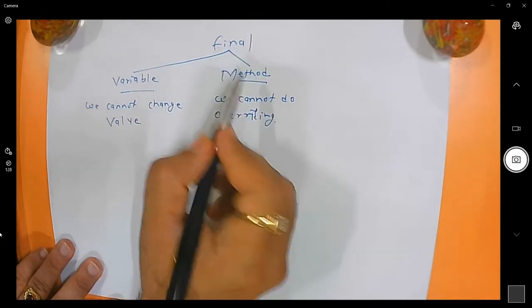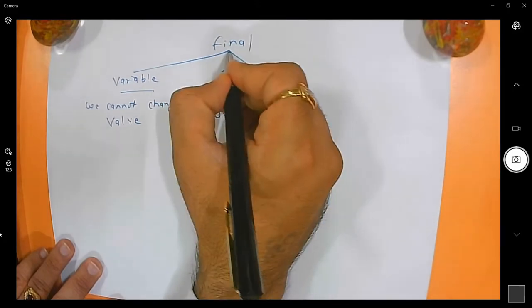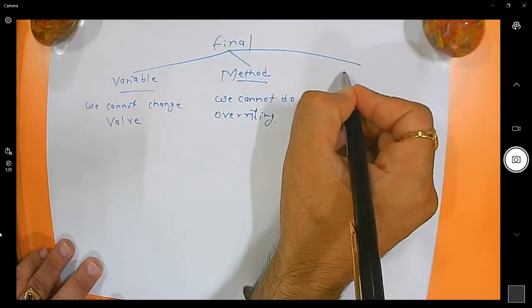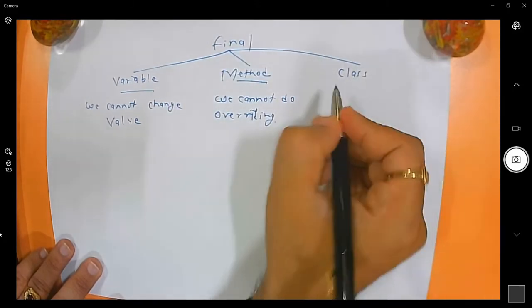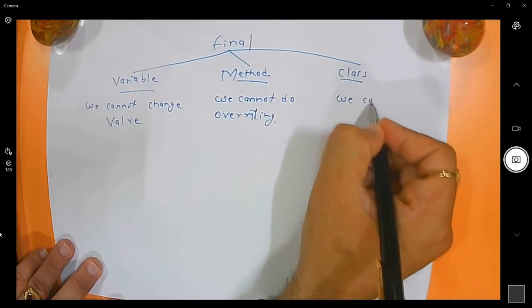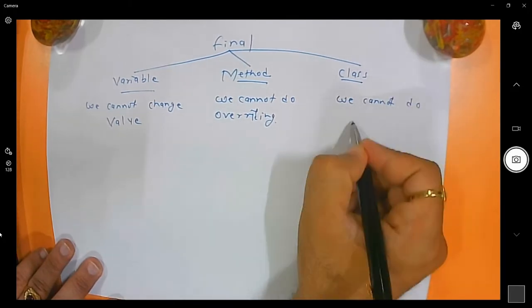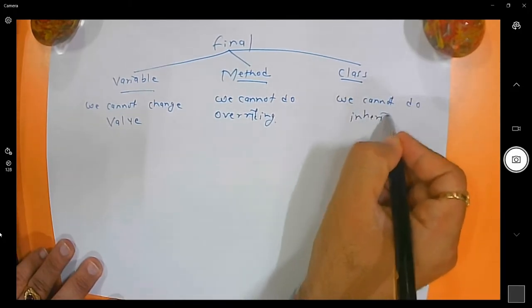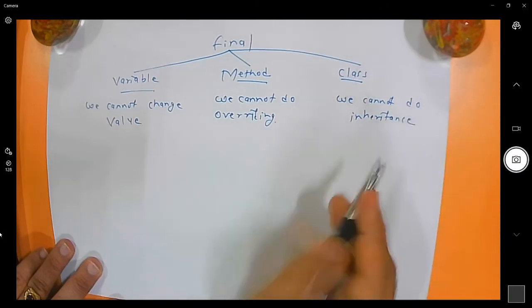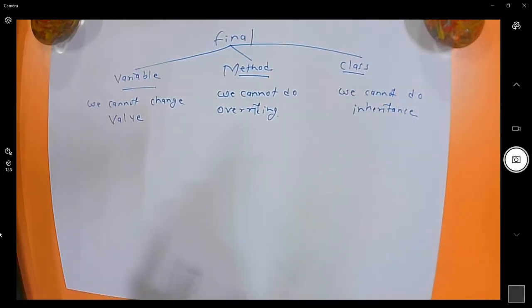If your method is final, we cannot do overriding. And if your class is declared as final, then we cannot do inheritance. So you can say it is a final class and there will be no version of this after this. Let me give the example.